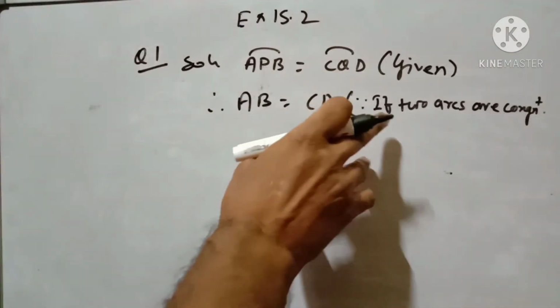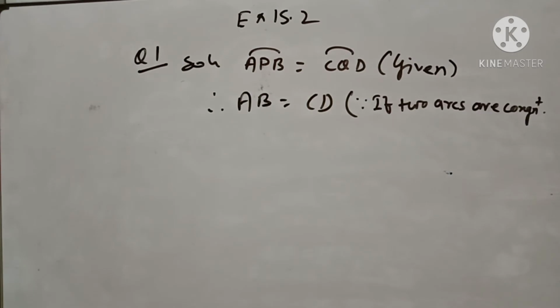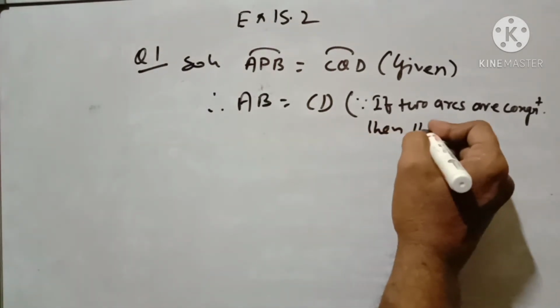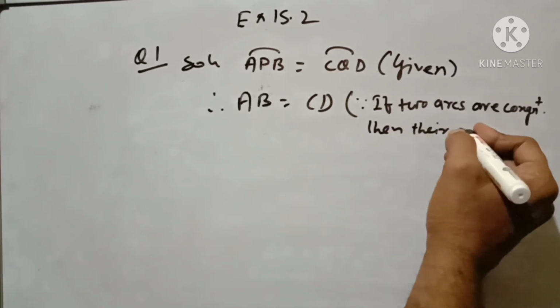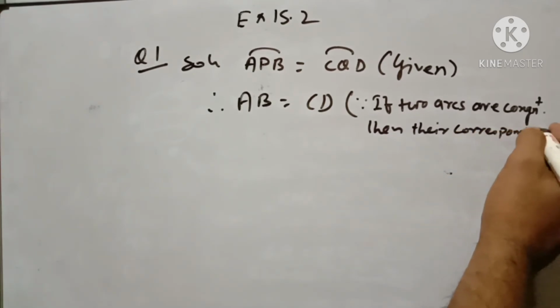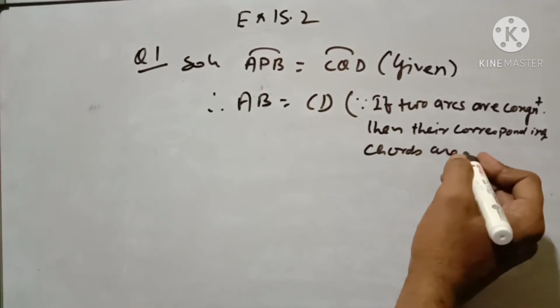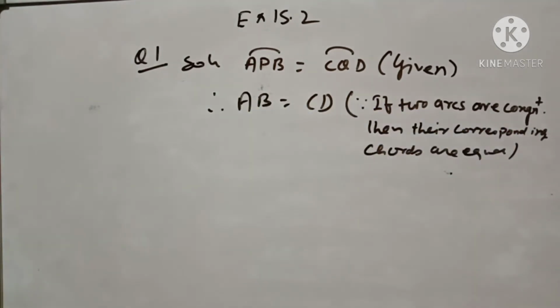If two arcs are congruent, then their corresponding chords are equal. This is the important point you have to write.